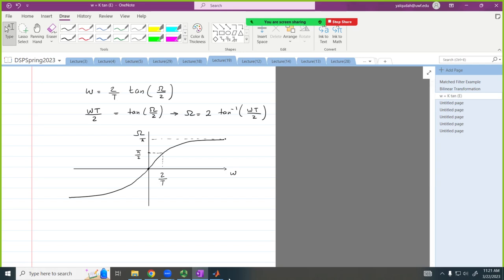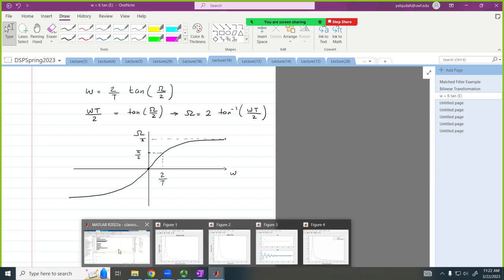And we can show this also in MATLAB quickly.